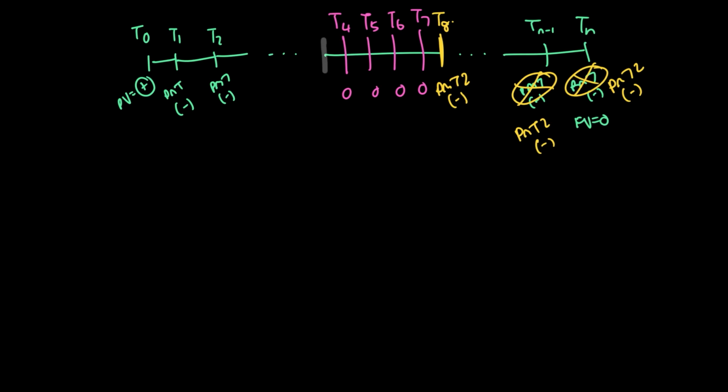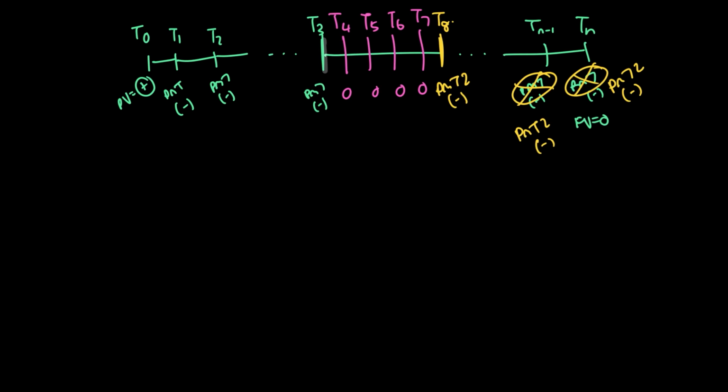It plays out up until this time period just before T4. Up until this T3, one before where we start missing the payments. So that is going to be where it goes until.